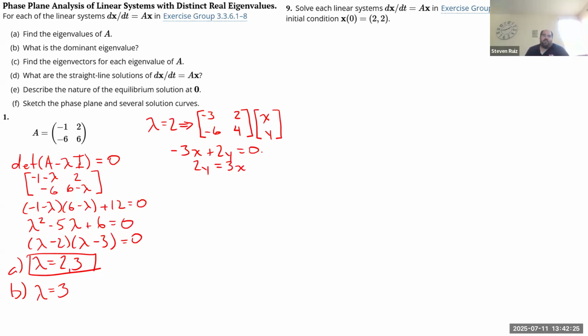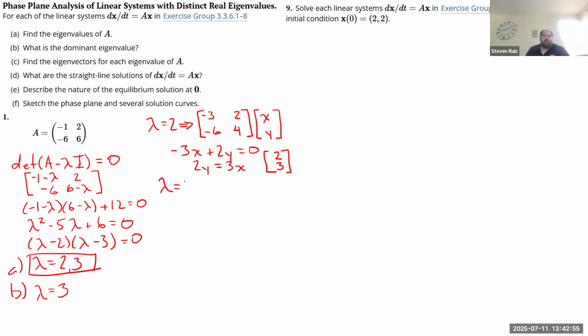Eigenvectors are not unique. I can pick any vector that fits that ratio. I believe if I make x equal to 2 and y equal to 3, then that will work. 2 times 3 equals 6, 3 times 2 equals 6. Again, you might have an eigenvector that's totally perfect but is not equal to 2, 3, and that's fine. As long as it fits this ratio, you're going to be okay.